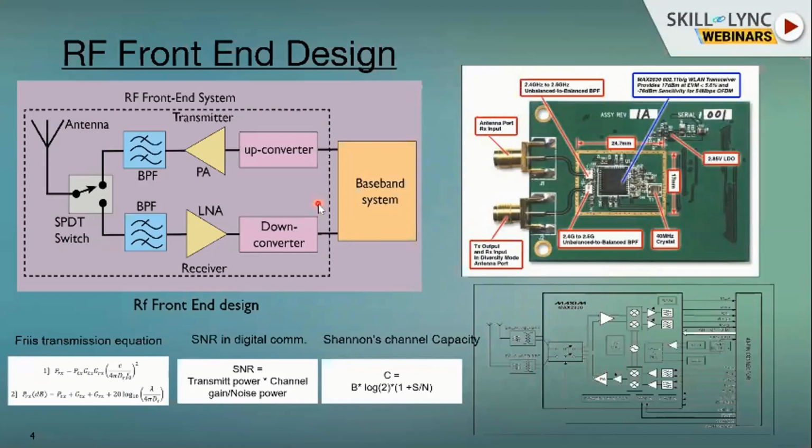But in general, if you see any long distance communication, there will be two separate sections. One will be a transmitter section, another will be the receiver section. But when you go to very high frequency applications, particularly a Bluetooth or Wi-Fi module, one antenna will act as a transmitter as well as a receiver.